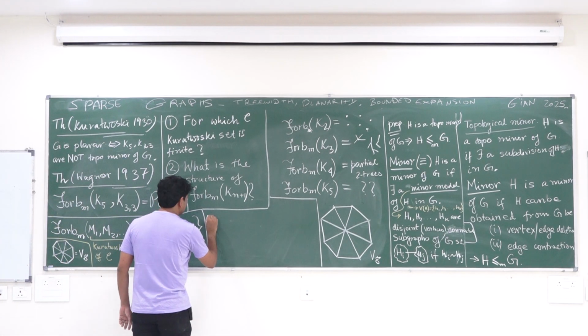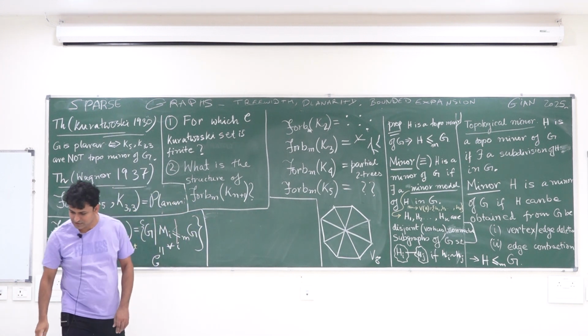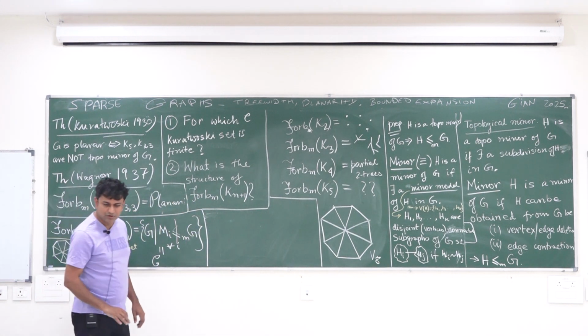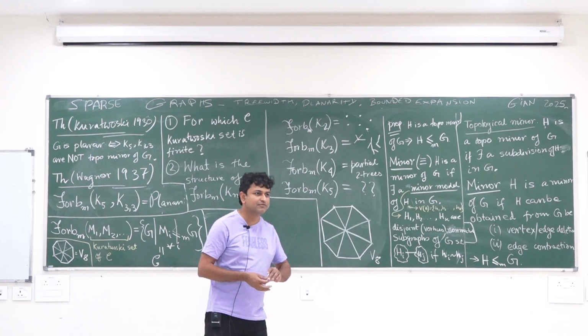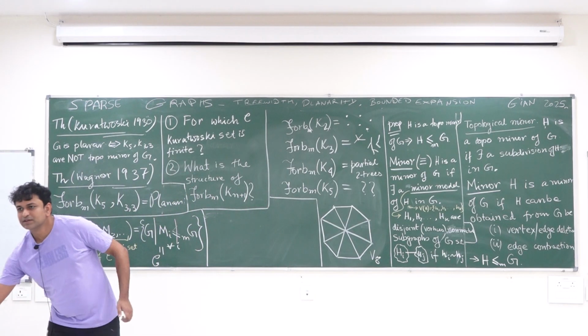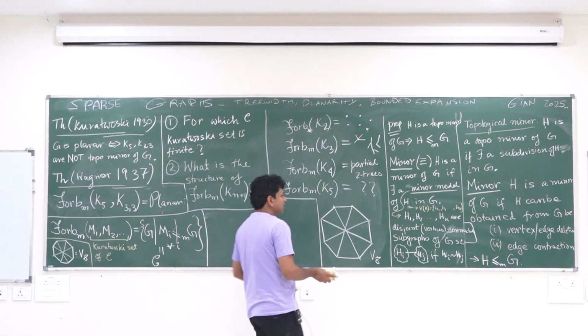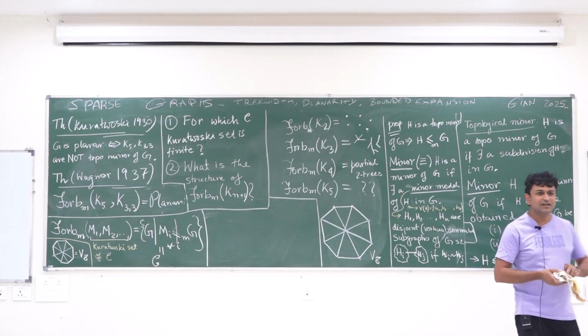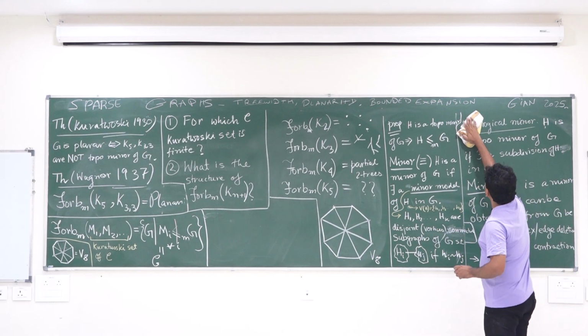Now, how about, what classes can you say? So, let's see. Do you know what is a projective planar graph? Did you play Pac-Man when you were kids? Yes. It's a weird Pac-Man.